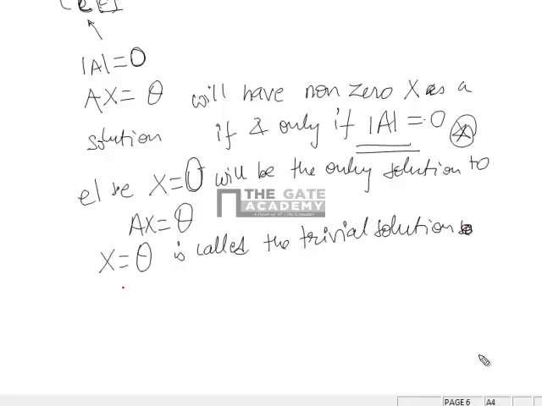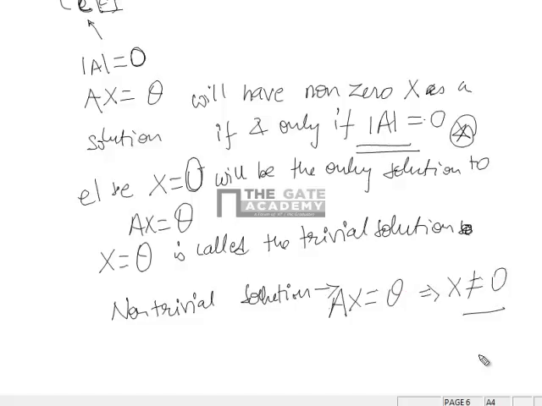What I am interested in is the non-trivial solution. Non-trivial solution means what? AX equal to 0 and X not equal to 0. This is what a non-trivial solution is.